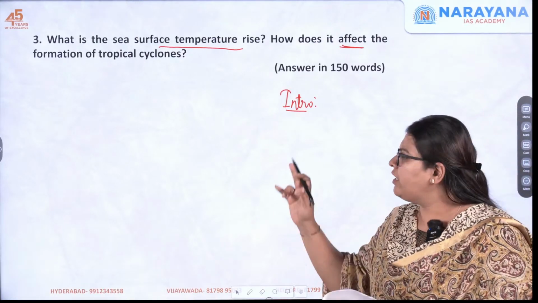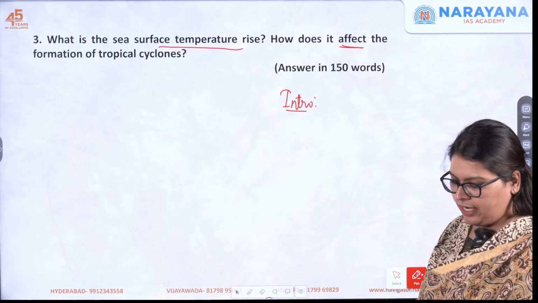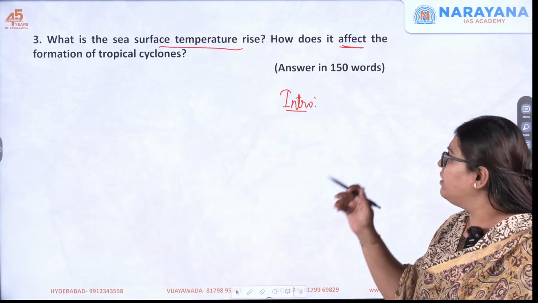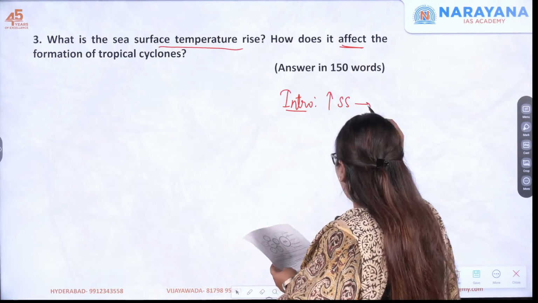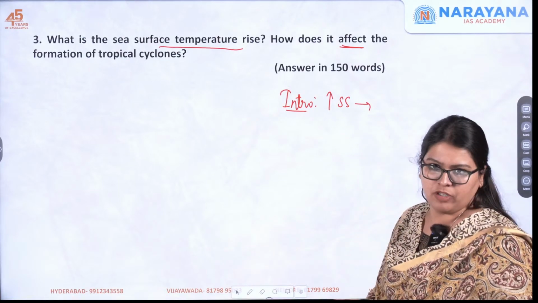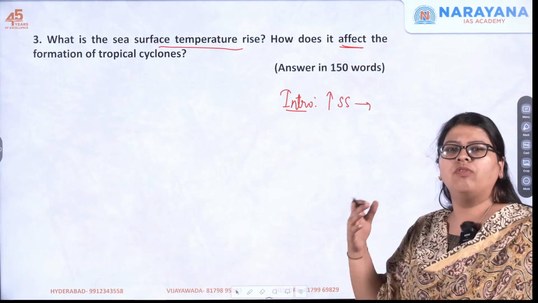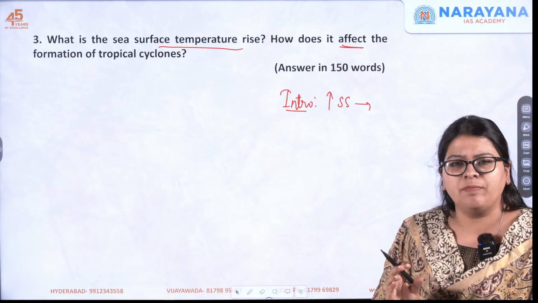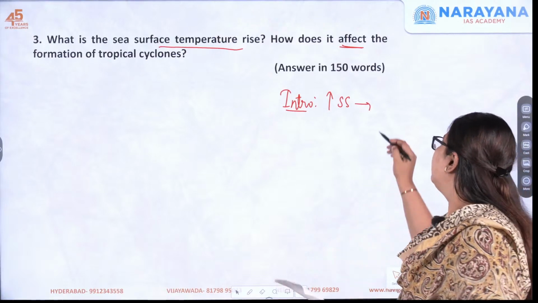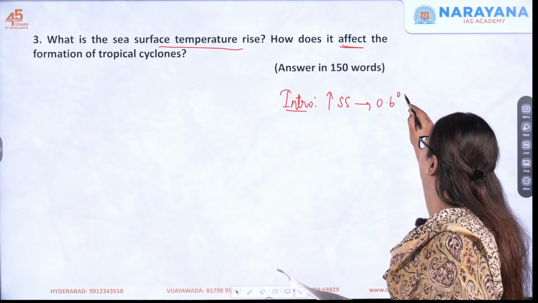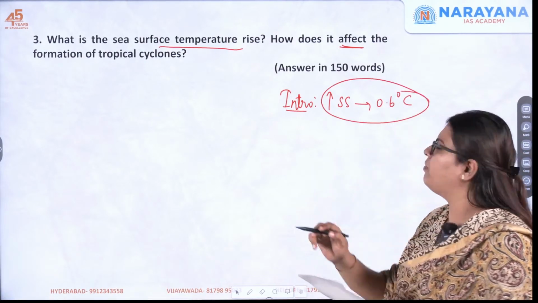In the introduction you can say the increase in sea surface temperature has been a crucial indicator of climate change. Of late, over the past 4 decades, there has been an average increase in sea surface temperature of over 0.6 degrees Celsius. So this can be your introduction.